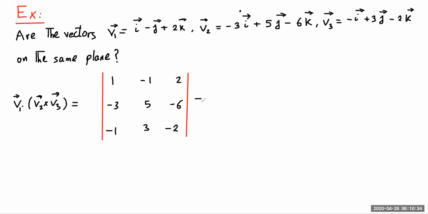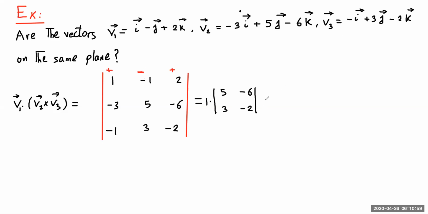Let's calculate. So it will be 1 times this determinant. So 1 times the 5 minus 6, 3 minus 2, minus minus 1, because I will write here plus, minus, plus. So I will take minus times minus 1.